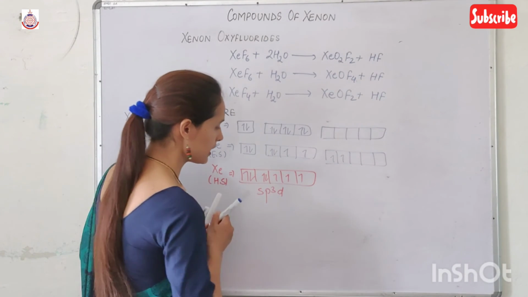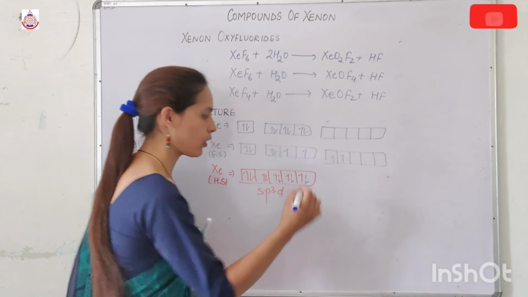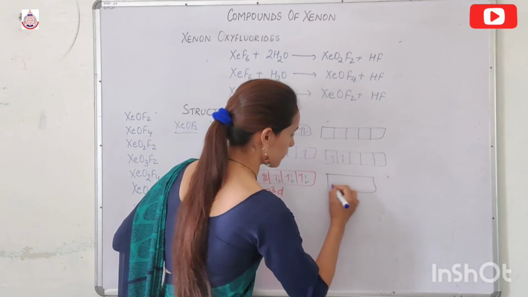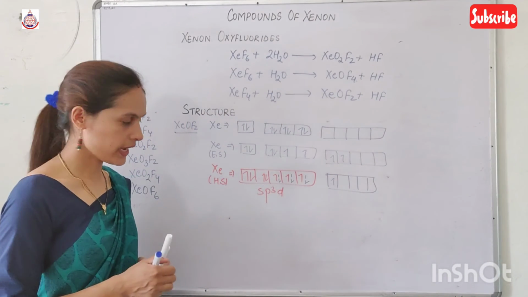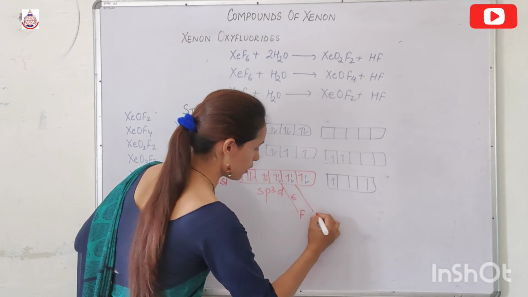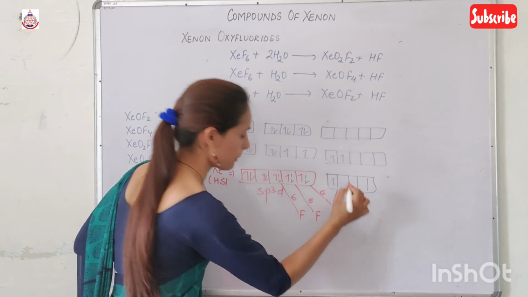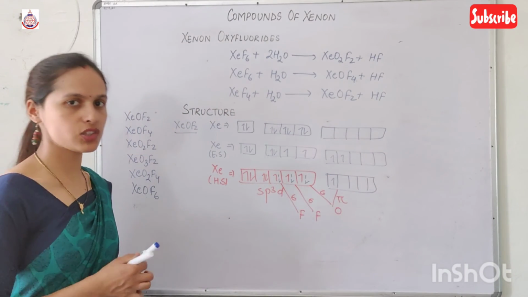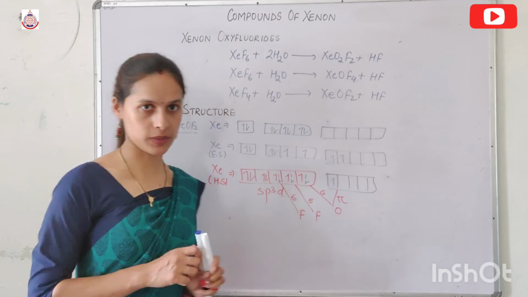Now with these electrons, here one fluorine, here another fluorine, here oxygen sigma bond, and pi bond. So the hybridization is sp3d, though D orbitals participate in pi bond formation.